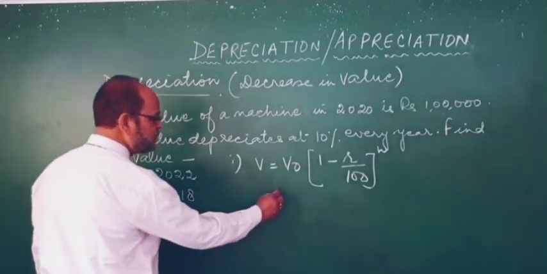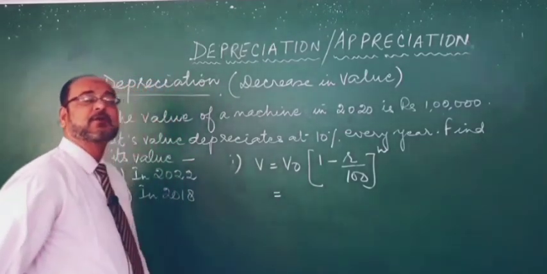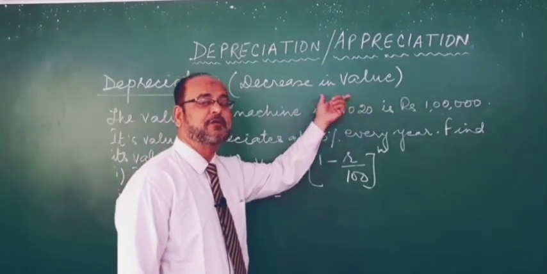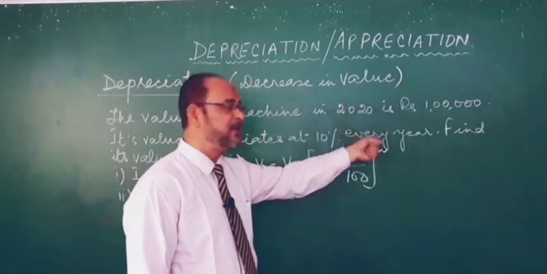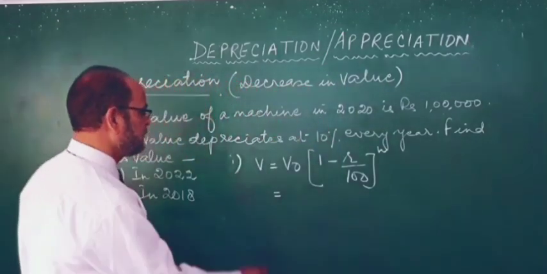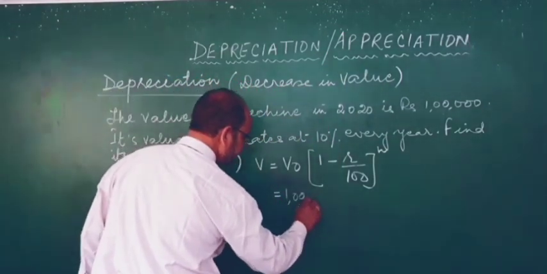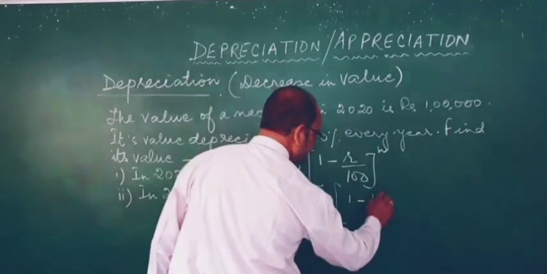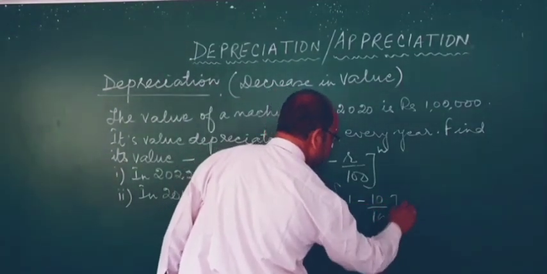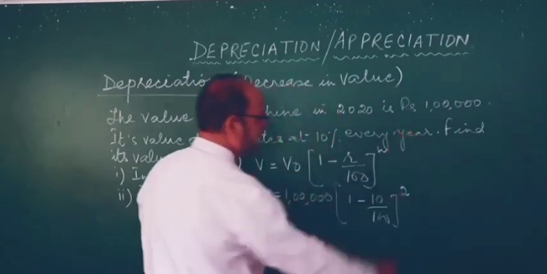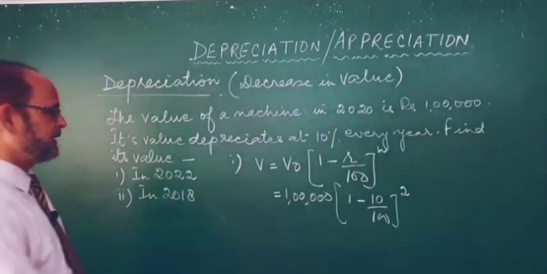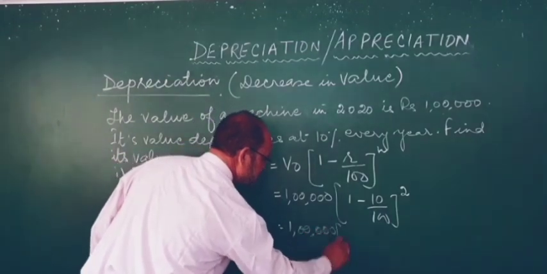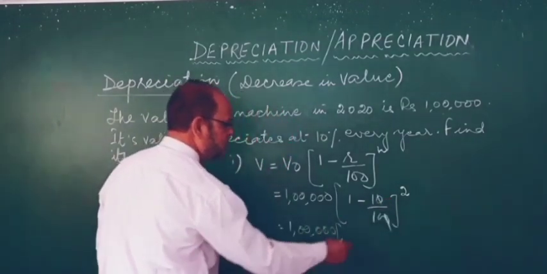Now our job is to substitute the values. V0 is the present value. Here, the present value will be the value of the machine in year 2020. So it is 1 lakh. We will put 1 lakh here. Rate is 10% upon 100 to the power n. n will be 2 years. It is 1 lakh, the 0 will be cancelled out.